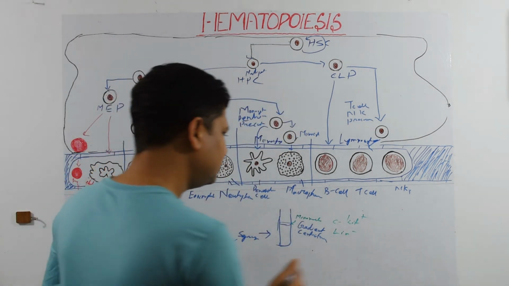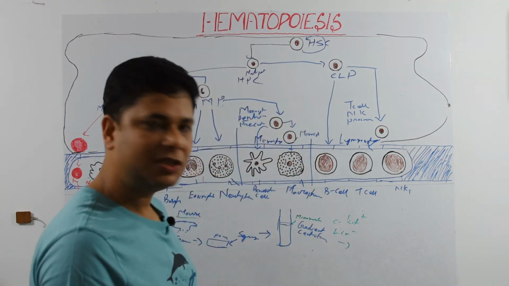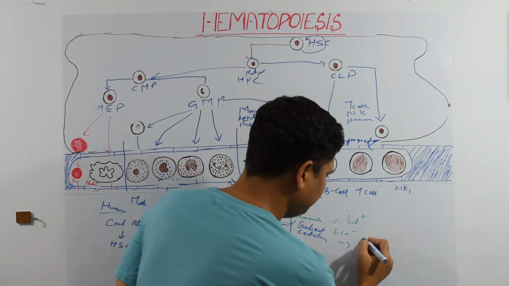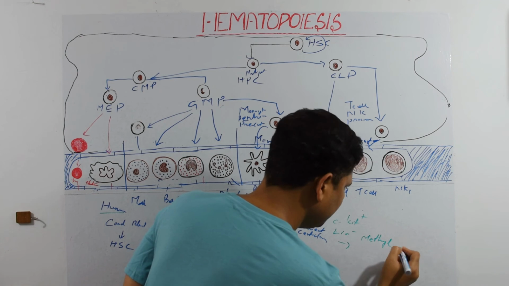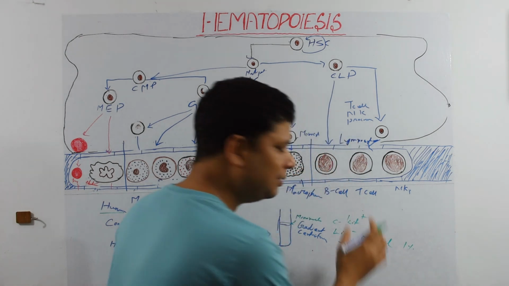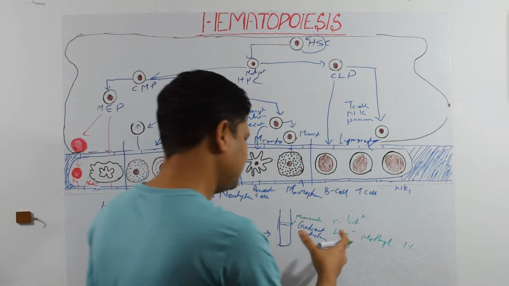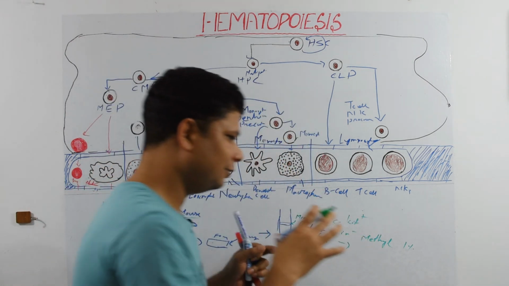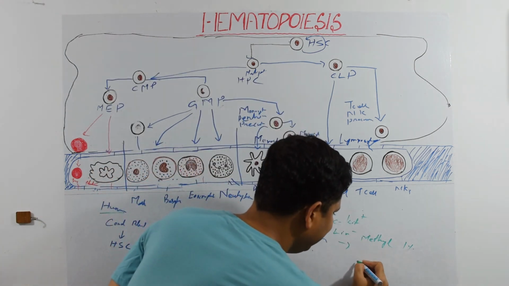After isolation, we put these cells in a semi-solid medium like methylcellulose medium, usually 1%. In methylcellulose medium, we put these cells and they cannot move. Because they cannot move, they can form separate colonies in the plate.